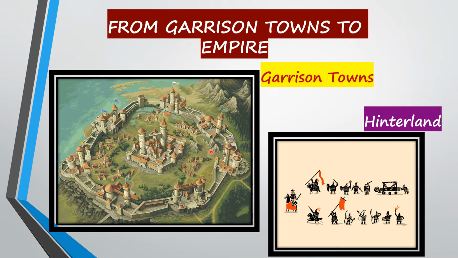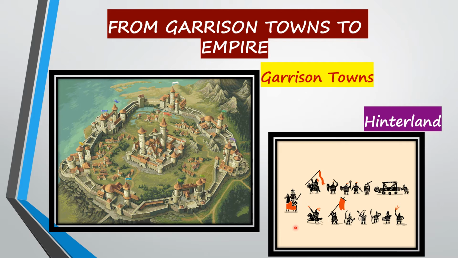Who are these garrisons? Garrisons are groups of troops, soldiers who are always ready, stationed in a fort or town to defend it and protect it from any attack from opposing rulers.